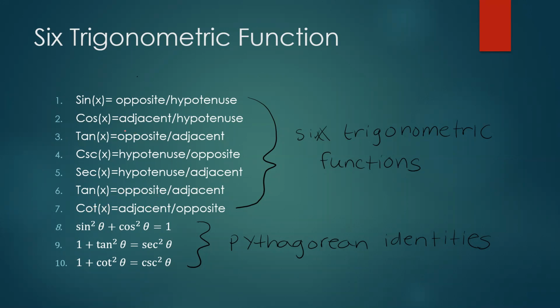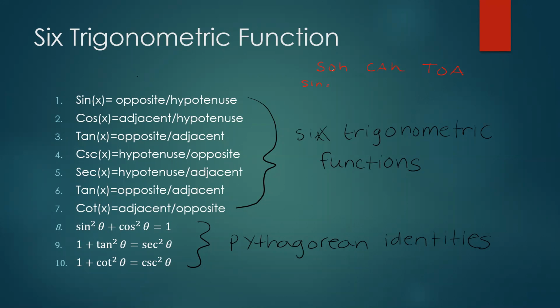And then if you ever get lost trying to figure out what is sine or cosine or tangent, there's a little trick you could use. It's called SOHCAHTOA. I always use this because I sometimes forget, because I am human. So this S stands for sine.